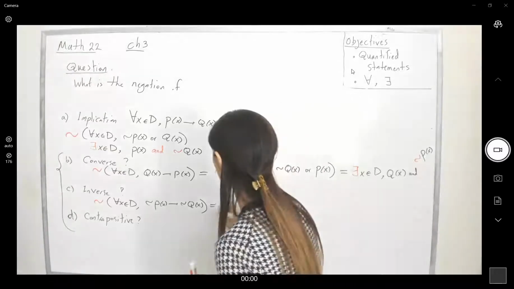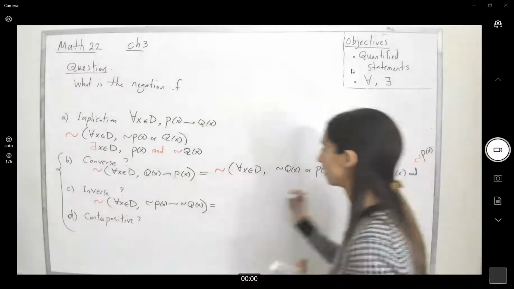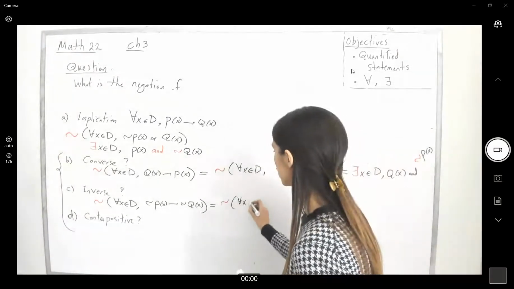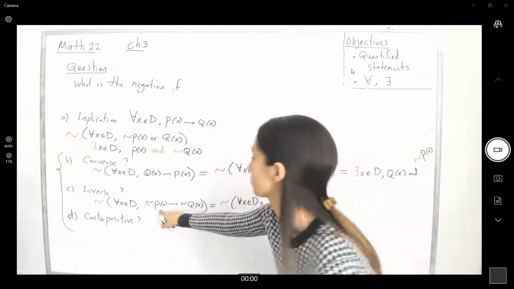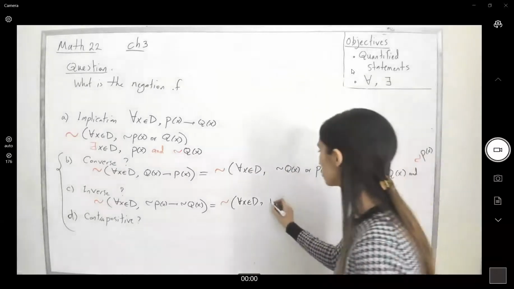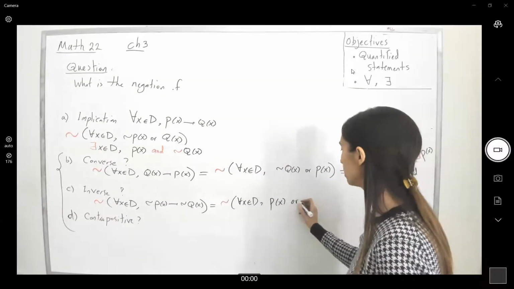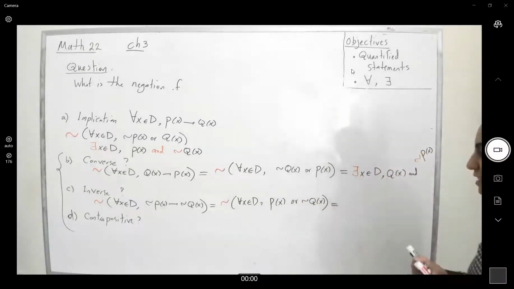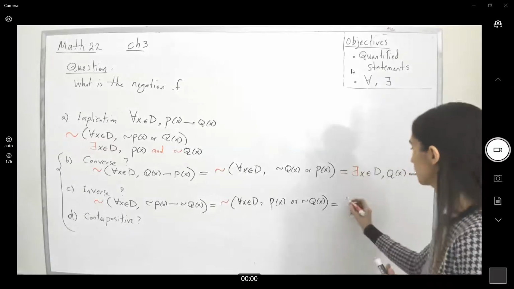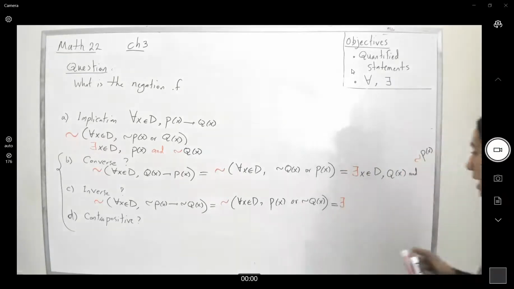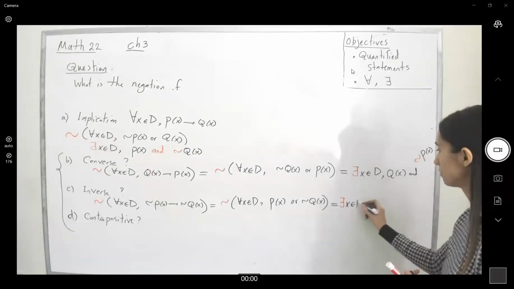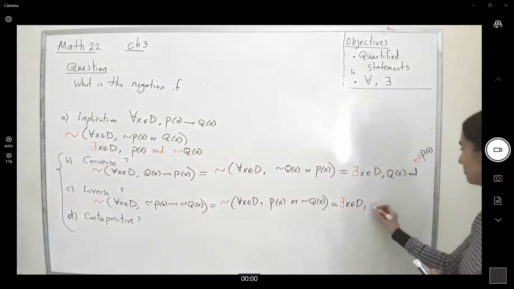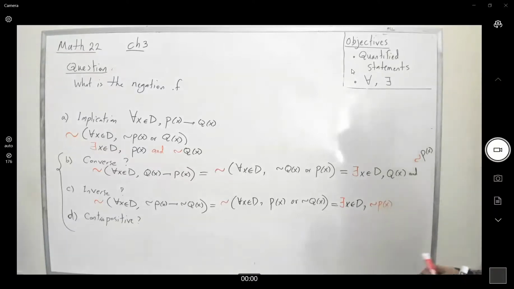So this is equivalent, saying that, hey, we have not for any x in D, not not Px, or not Qx, which is equivalent, saying that there is x in D such that not Px and Qx.